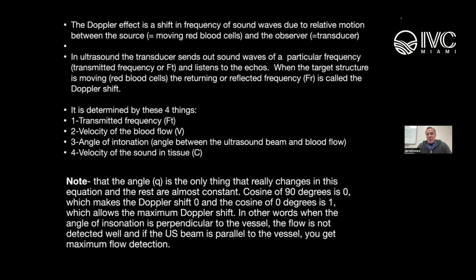Cosine of 90 is 0, which makes the Doppler shift 0, and the cosine of 0 is 1, which allows the maximum Doppler shift. In other words, when the angle of insonation is perpendicular to the vessel, the flow is not detected well. If the ultrasound beam is parallel to the vessel, you get maximum flow detection.